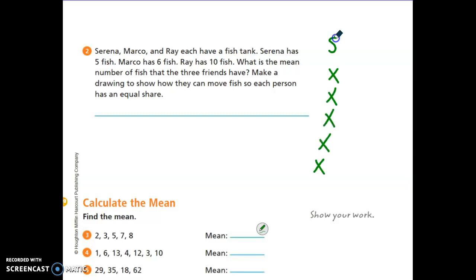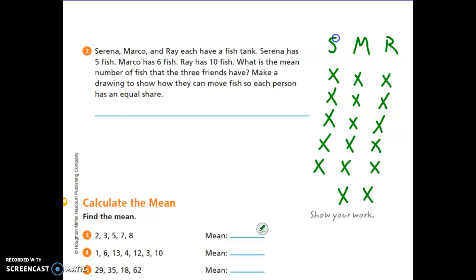And then I'm going to do Marco. Marco has 6, so I'm just going to line these up next to each other, and I'm going to put one more than Serena. And then Ray has 10, so I'm going to again line these up with the other 2. So this is 6, 7, 8, 9, 10. Almost ran out of room there.